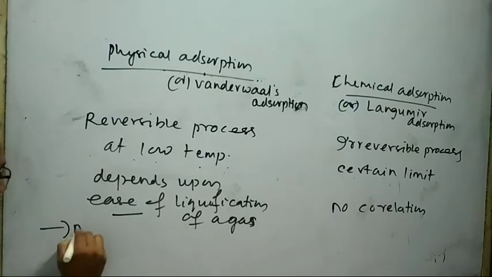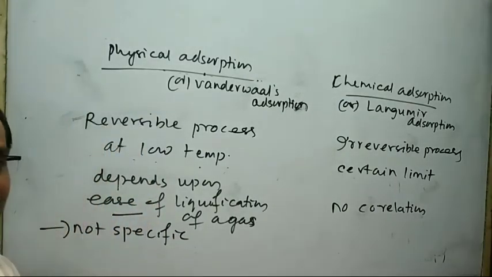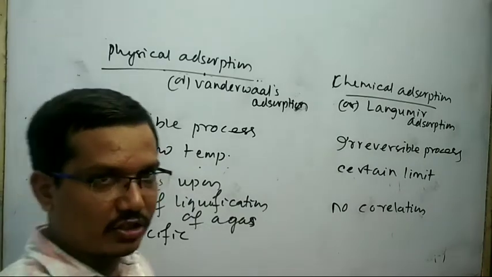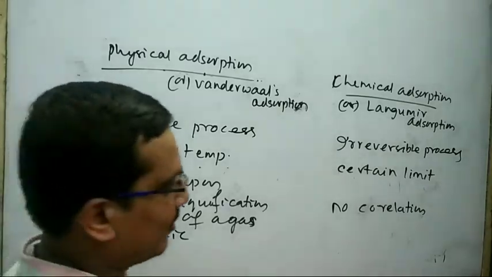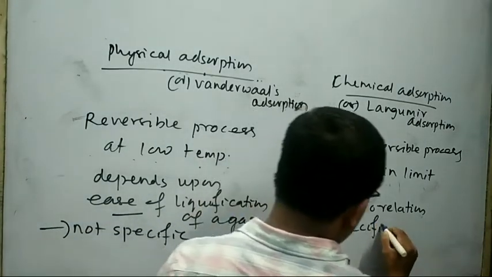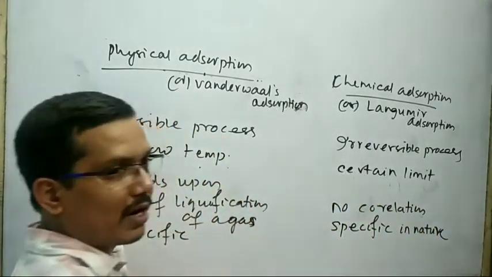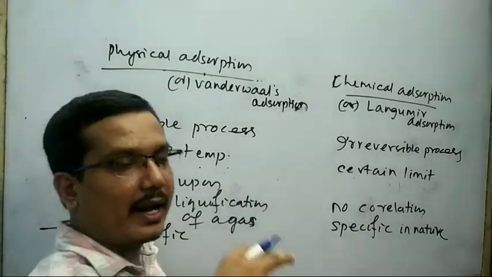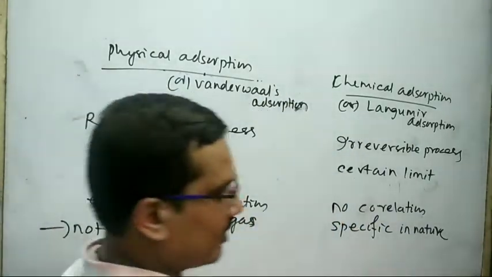Physical adsorption is not specific. That means all the gases can get adsorbed on the surface of a solid to some extent. On the other hand, chemical adsorption is specific in nature. That means a particular adsorbate will adsorb on the surface of a particular adsorbent.